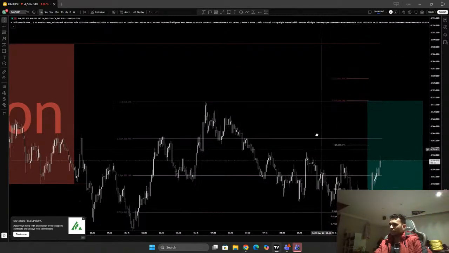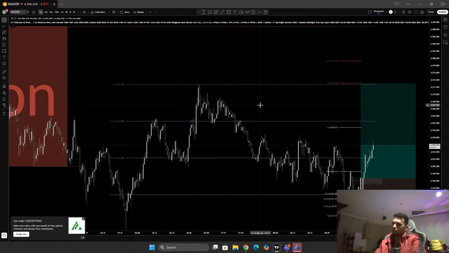I don't like to take anything here because this is the low resistance. Obviously, I should go and take the high. So target price should be this. This is a crazy target, right?